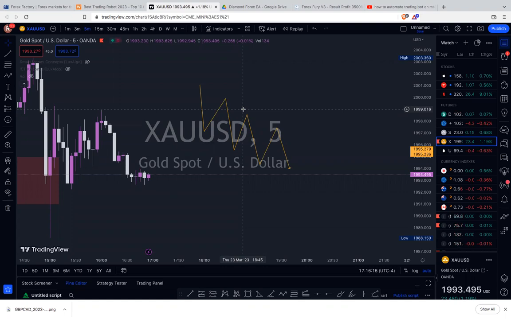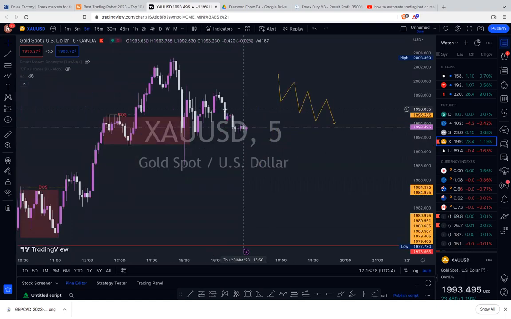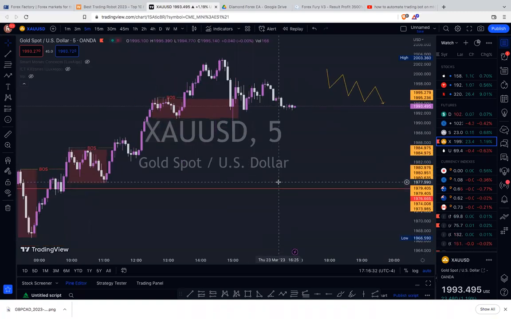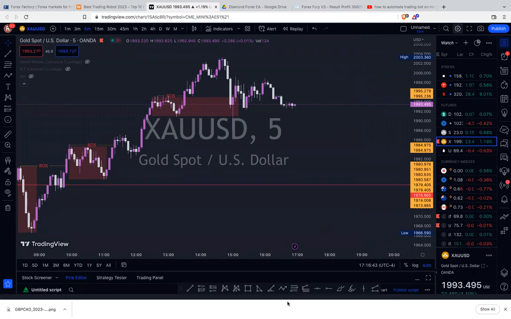Does it mean the order flow consists of a series of red rectangles? I don't understand your question. Does it consist of a series of them?